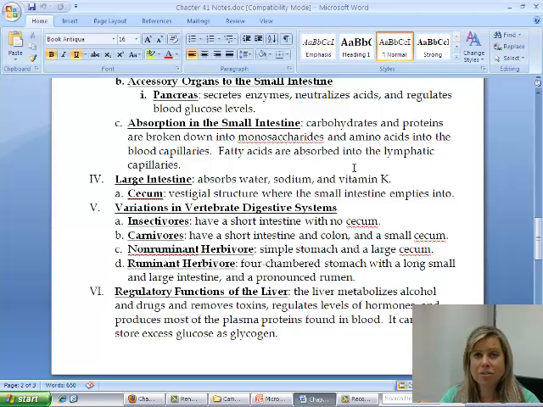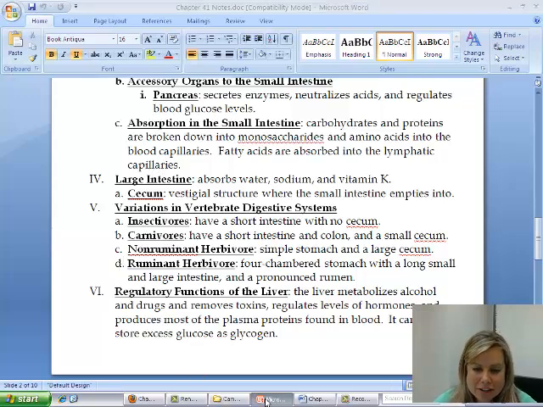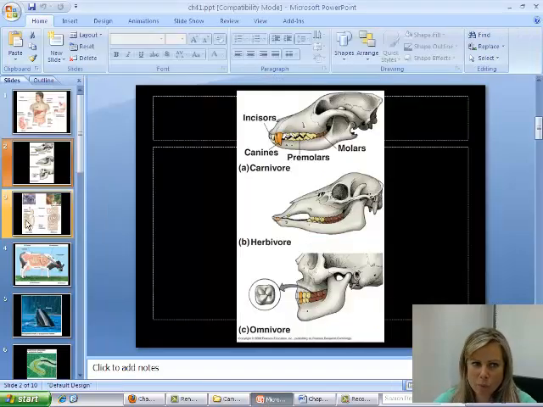Now, when it gets to your large intestine, it's going to shoot through there as well, which means that your body doesn't have time to absorb water, sodium, and vitamin K from whatever that food was. That's how you end up with diarrhea, right? And that's why when people have diarrhea, the first three things they want back in their system is water, salt, and potassium.